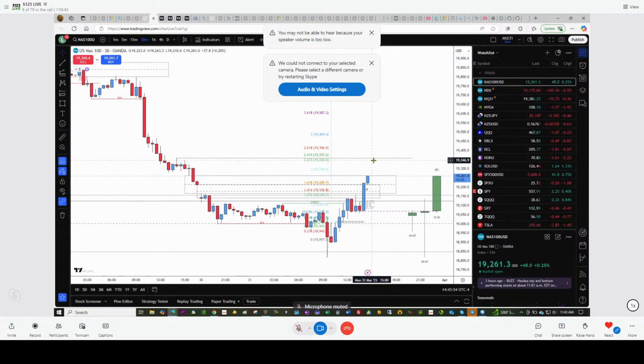So looking for targets for NAS up to this level here. Yeah, that sounds good. On the 30. So still a ways to go.